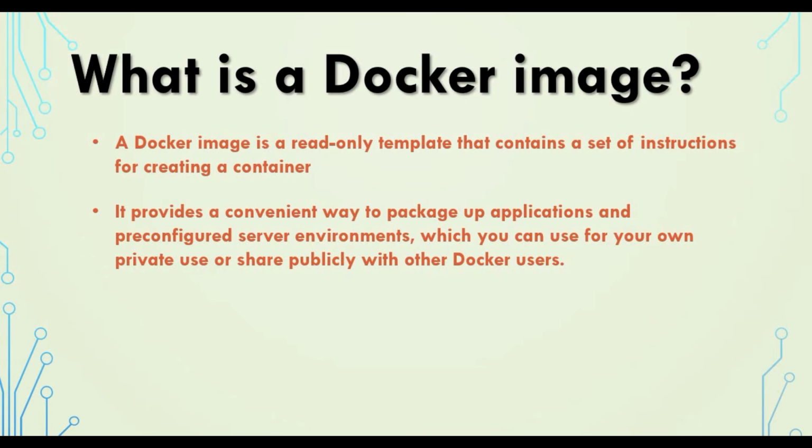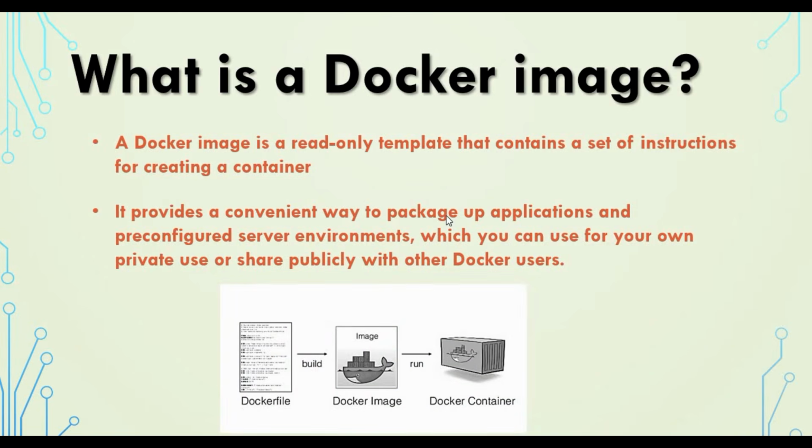In order to do that, the Docker image is the best way, because you put your applications pre-configured, your server details, your configurations, and your scripts all together and convert them into that image. You can use that image as your own private image, or put it in some kind of repository as public, so that other Docker users can also use your applications. So that is how a Docker image works.